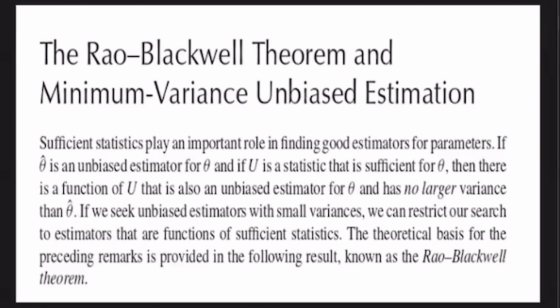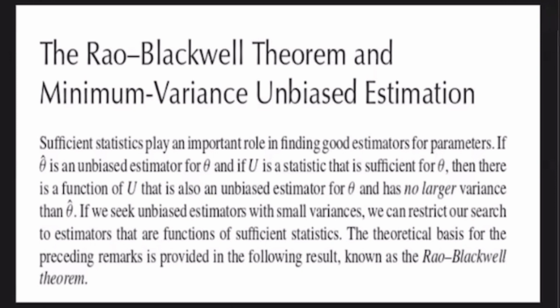Now let's come to the Rao-Blackwell theorem. What do we intend to achieve with it? What Rao and Blackwell did was to figure out how to use the knowledge of the Fisher-Neyman factorization technique of determining sufficiency to come up with an estimator that has minimal variance and at the same time is unbiased.